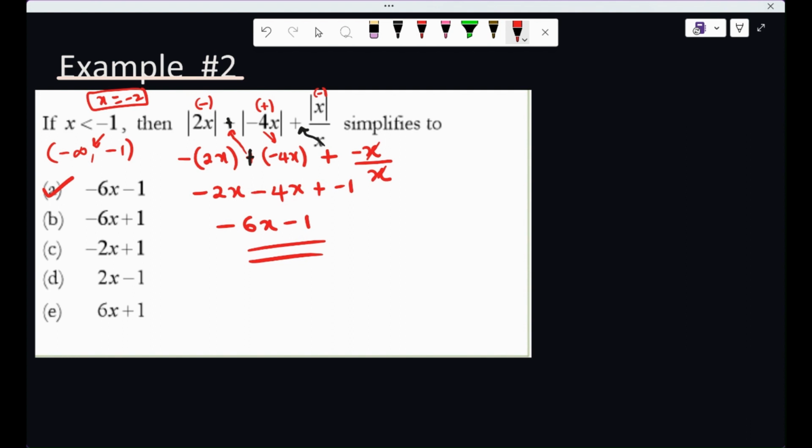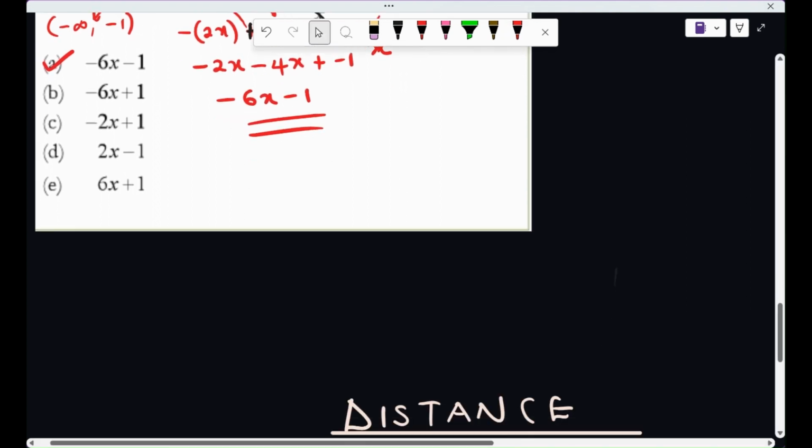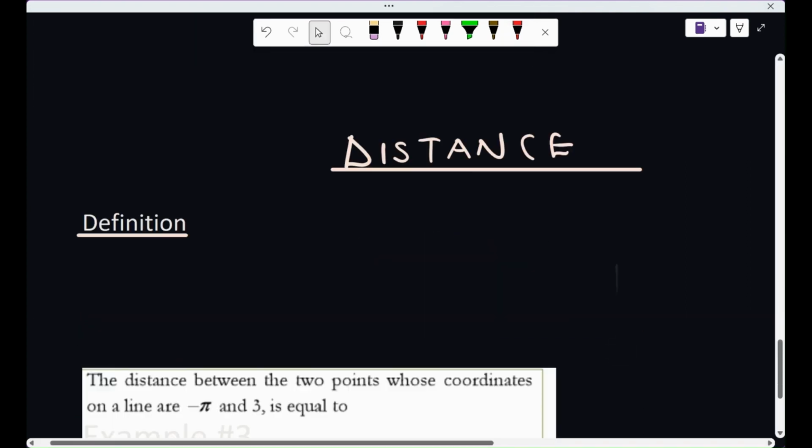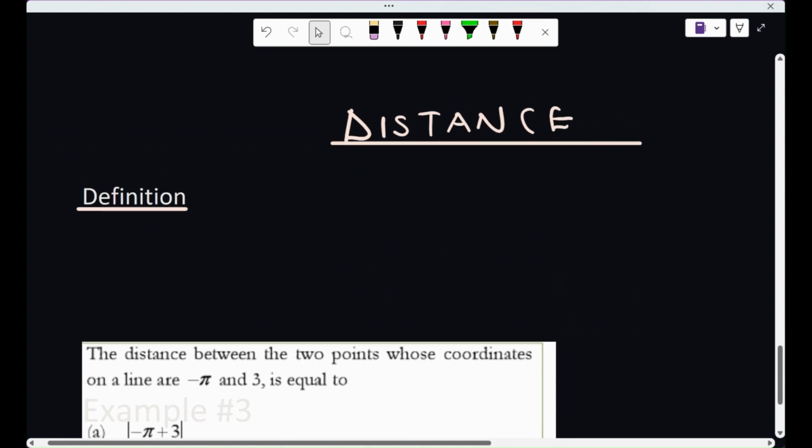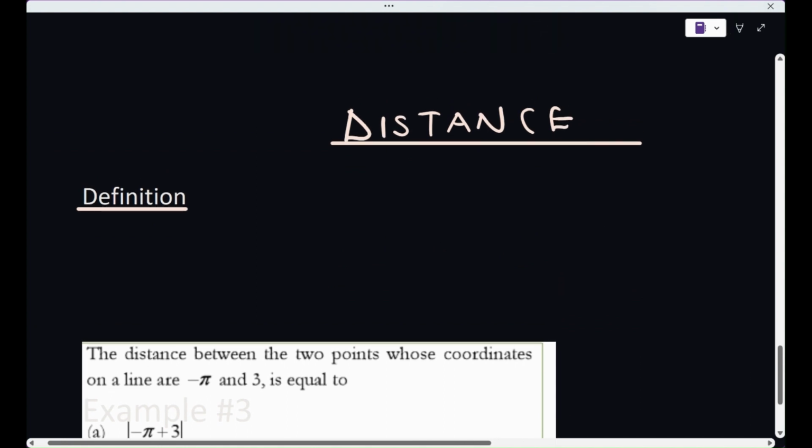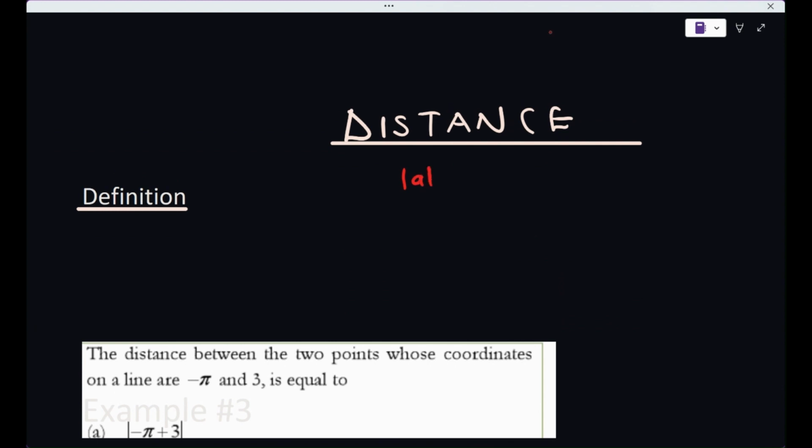Okay. So now let's talk about something different, which is called distance. So distance, what is distance? Actually, absolute value of A can also be viewed as a distance. Remember, we said absolute value of A is just A if A is greater than 0 and it's minus A if A is less than 0.